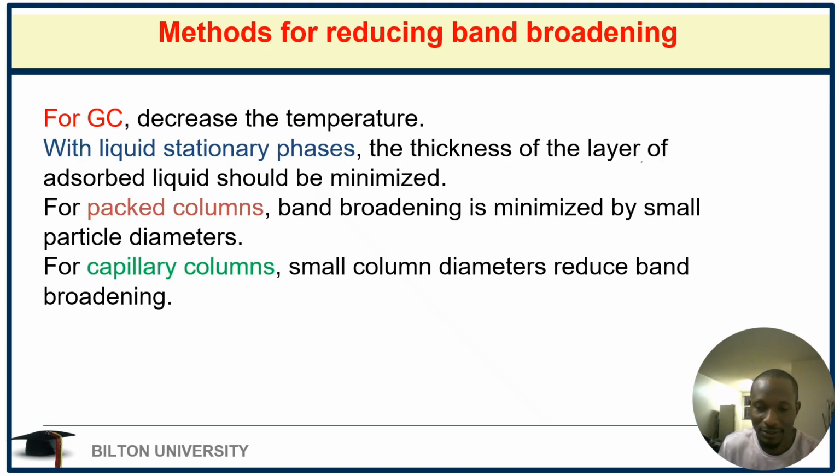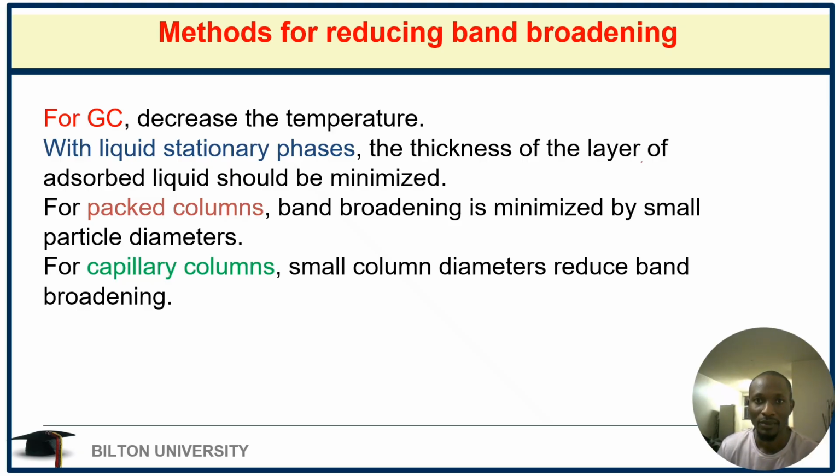In GC, we are using gas chromatography, where the gas is the mobile phase. If you increase the temperature, you are going to increase the energy of the gas particles, and they are going to move faster. So for GC, you are going to decrease the temperature, meaning that you are going to lower the rate at which they are moving.